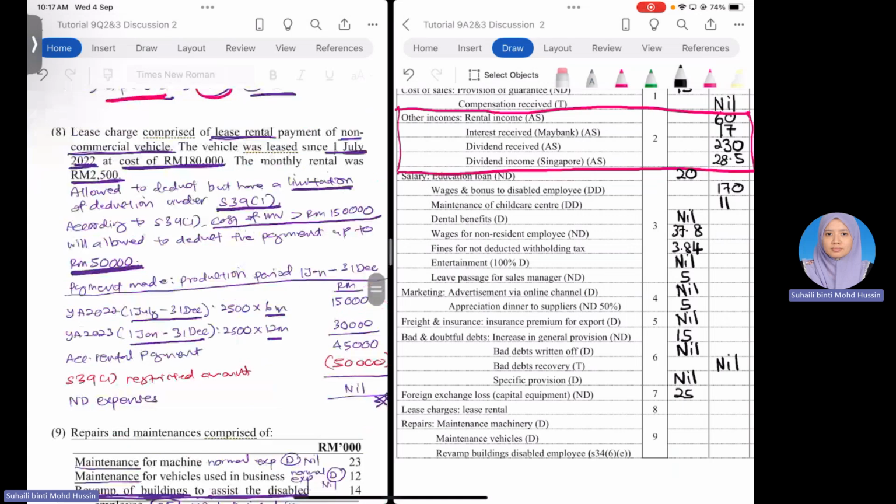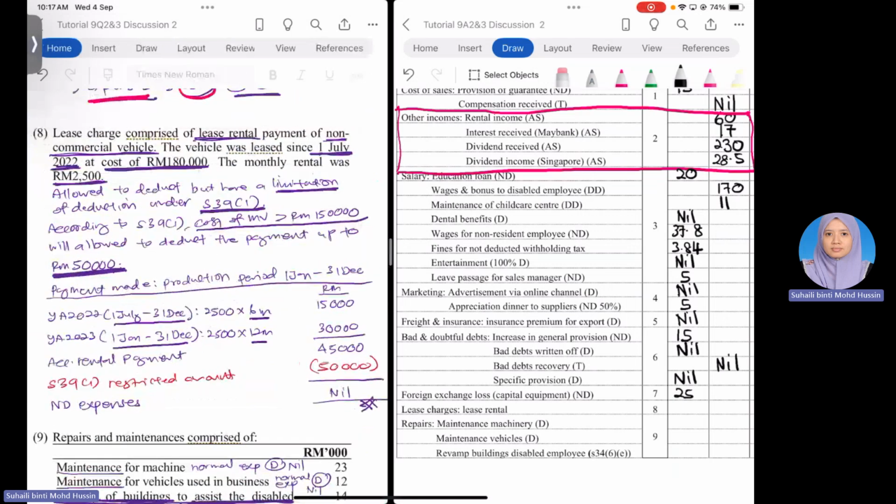Before you get the amount of 30,000 ringgit, you have to understand the situation of the lease rental first. In lecture 8, lease rental means you lease a motor vehicle and pay the lease rental.